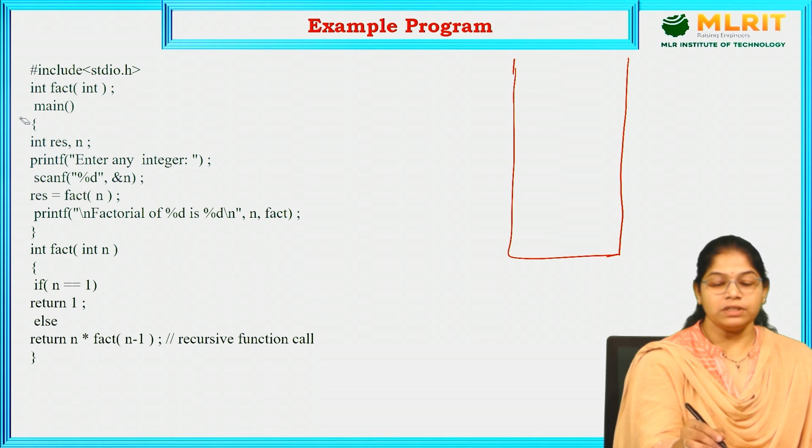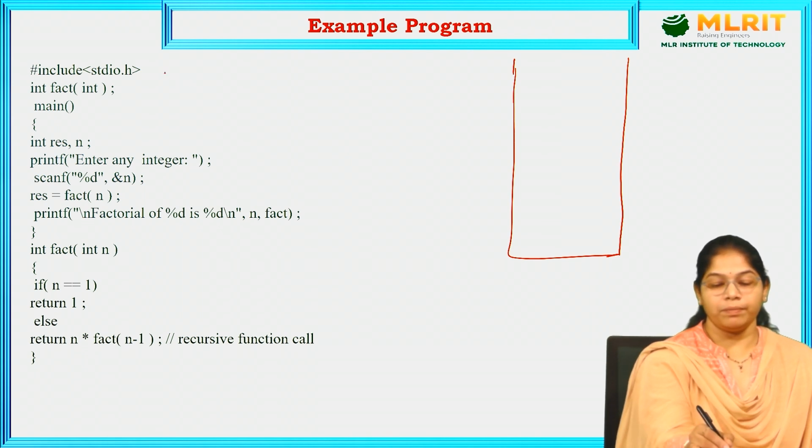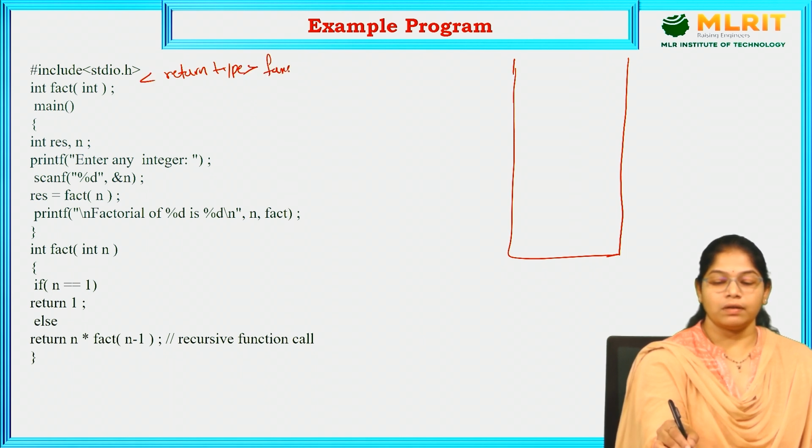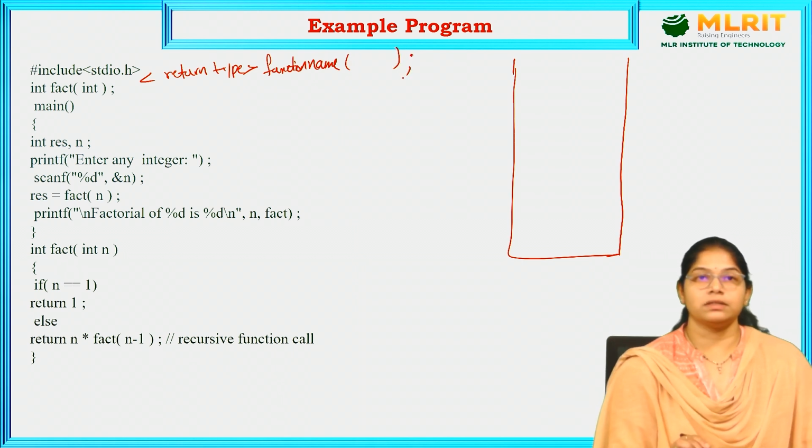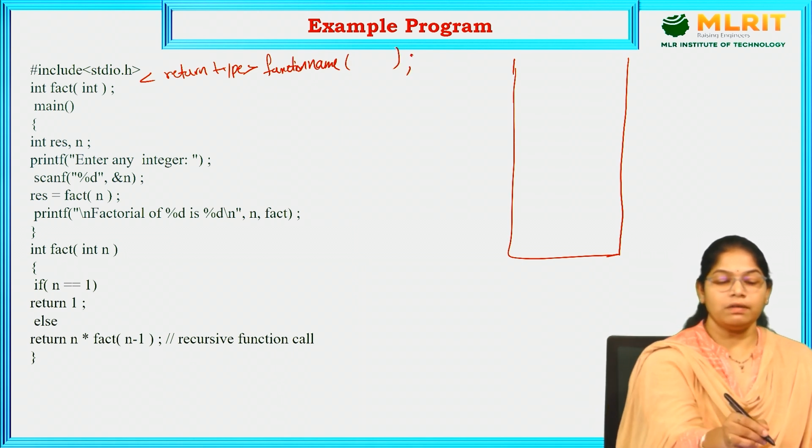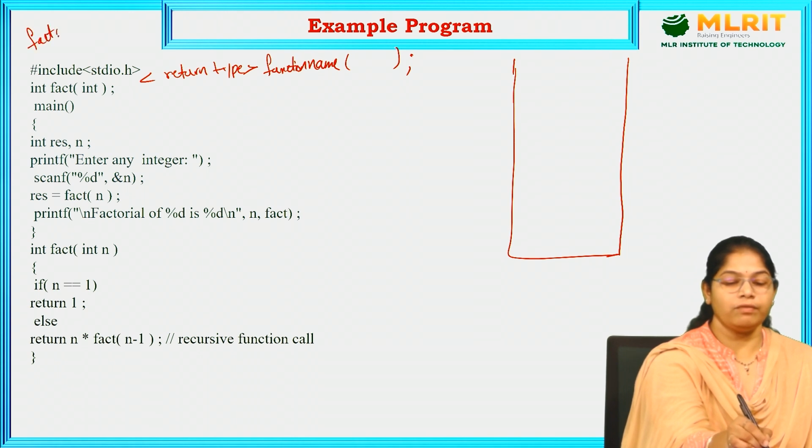How to declare a function? Function declaration is return type, function name, then arguments, the parameter list. Here we are finding the factorial of a number.